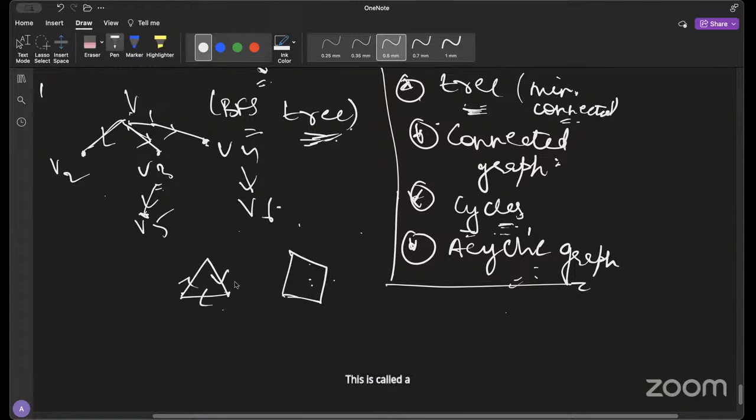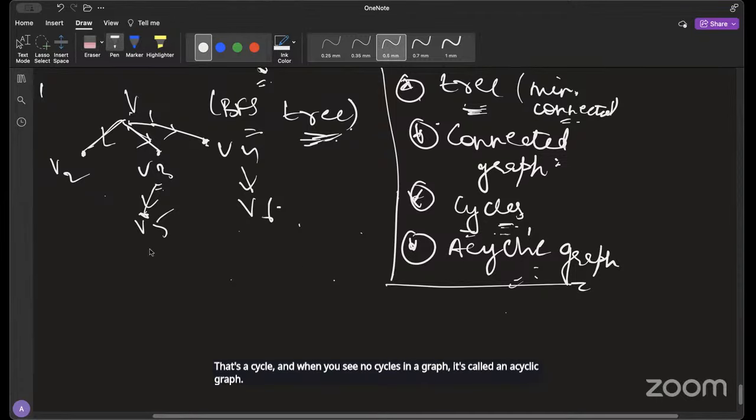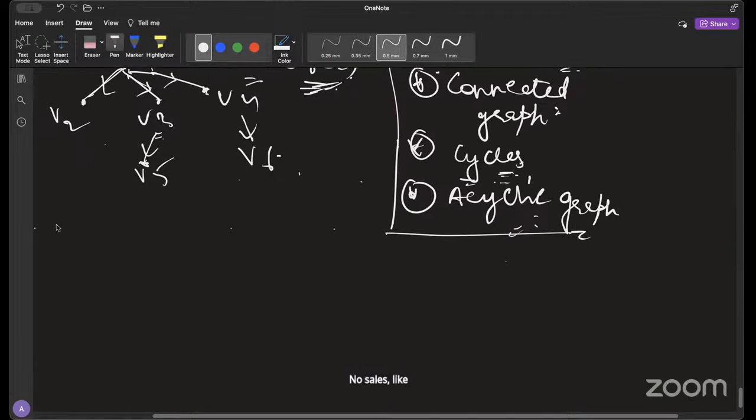In a directed graph, you need to follow the order of the arrows. So if instead of this arrow you have an arrow from here to here, then it's not a cycle. That's a cycle, and when you see no cycles in a graph, it's called an acyclic graph. No cycles, like we have a square being made.